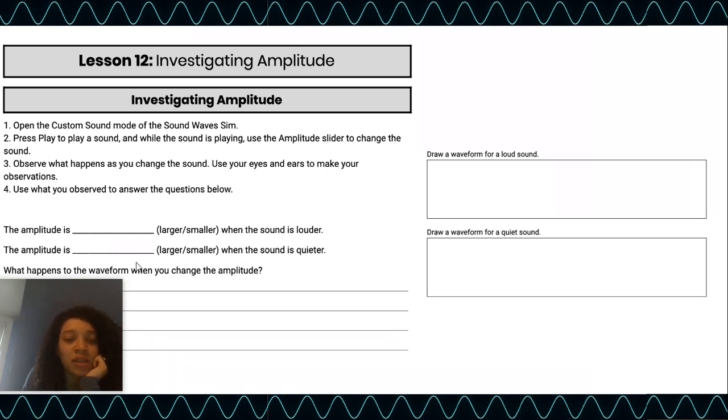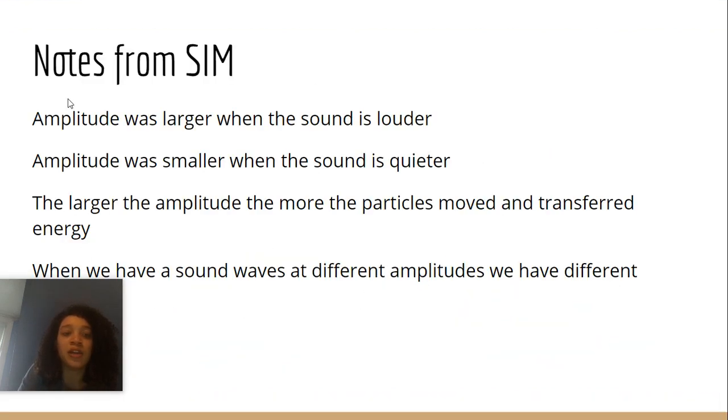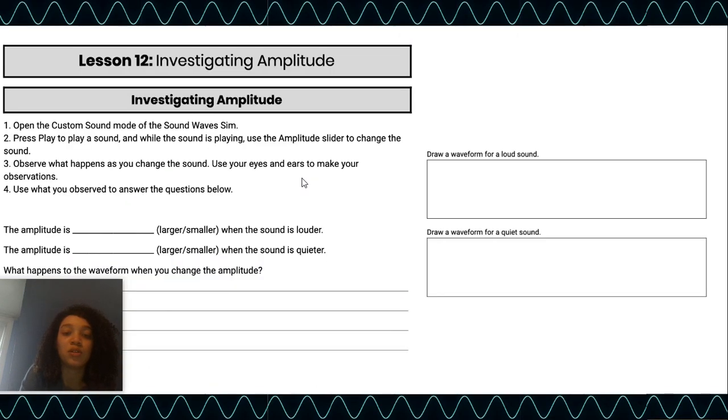The amplitude is smaller when the sound is quieter. So we know this. We had these in our notes now, and we had that information from our simulation today. And then we talked about in our notes what happens to the waveforms when you change the amplitude. If you need to go back, here are the different changes and what happens with the different amplitudes.